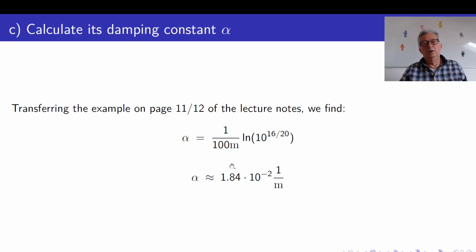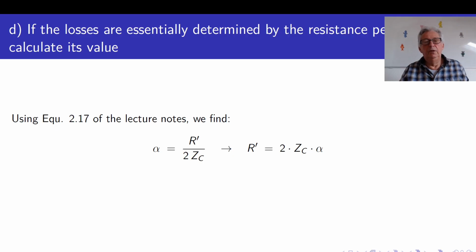If we insert our numbers, then we will find that alpha is 1.85 times 10 to the power of minus 2 1 over meter.